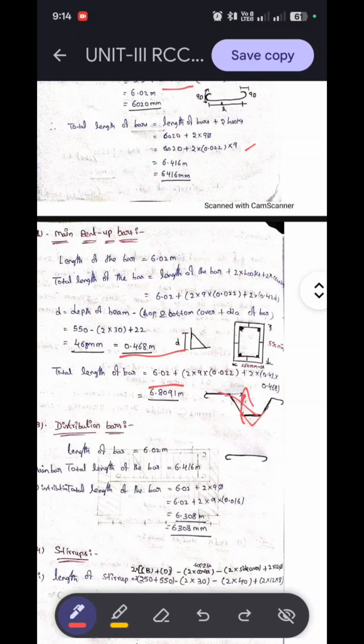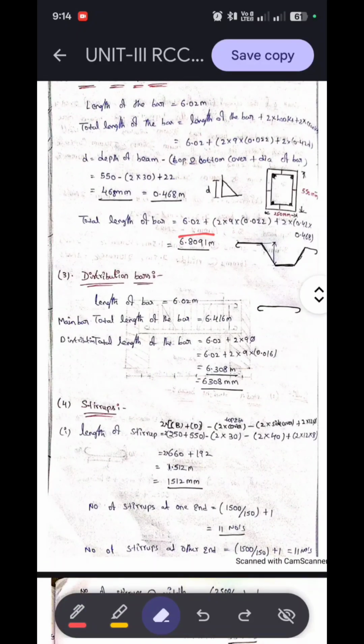Now calculating the value, it is 6.8091 meters.